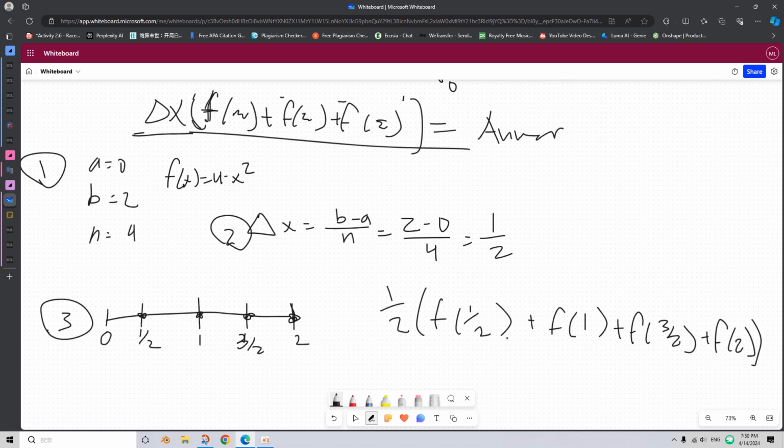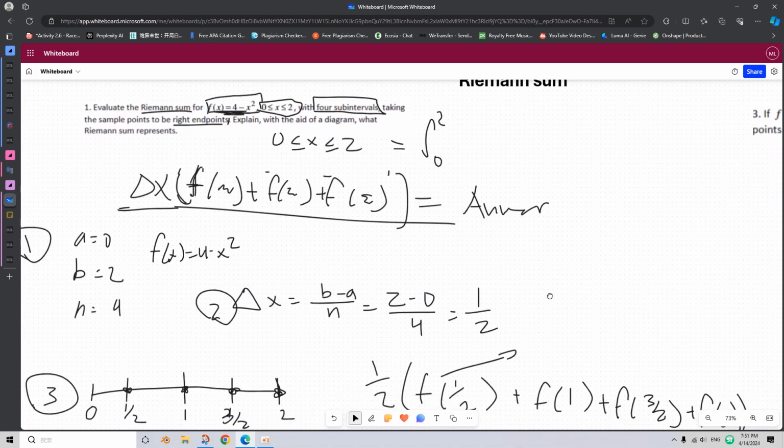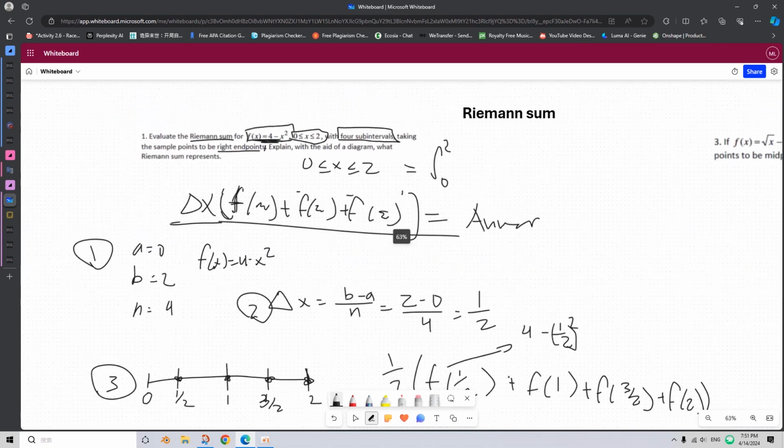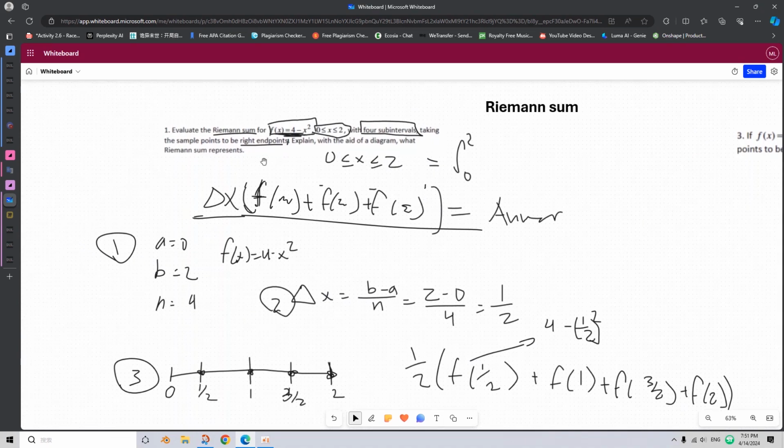In order to solve, we convert this into something that we can actually plug into a calculator. Basically for this one, for example, it becomes 4 minus 1/2 squared. We basically replace the x with whatever number we have here, and then we solve.